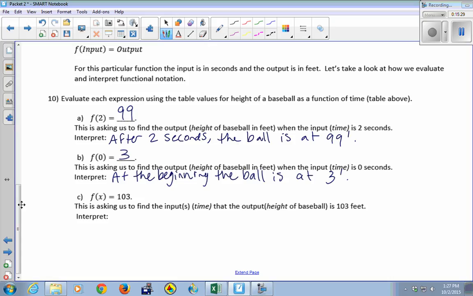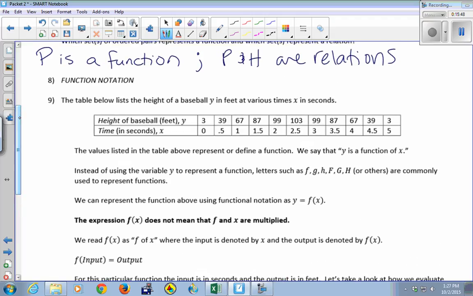All right, so here's one that's a little bit different. I've given you the output here, the 103, and I'm asking you for the x, right? So now I'm giving you a height of 103 and I'm asking you for the input x. What should I put in the parentheses there? 2.5. Let's go up. Yeah, so I found my height of 103. My input that gives that output is 2.5.